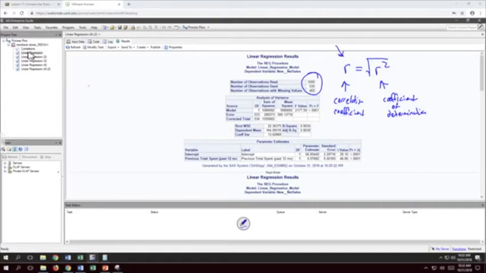This one tells you just how correlated the two variables are. What is the correlation between these two variables? This one, I don't know another way to say correlation. This is the percent of variability explained.